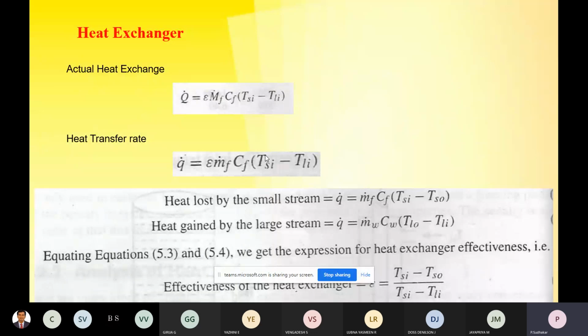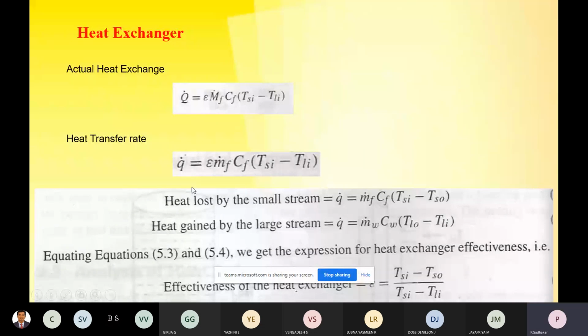Small m dot f equals capital M dot f divided by the area of the collector. This is in order to express the heat transfer rates and fluid rates per unit collector area. So we are dividing this equation by the area of the collector, to express the heat transfer rate with respect to the area of the collector.